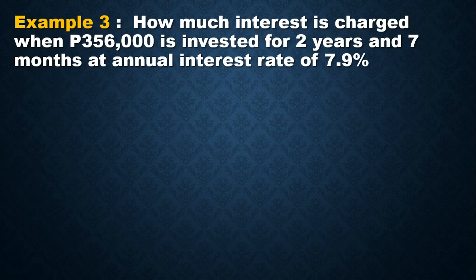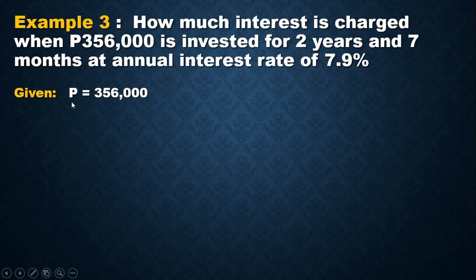Example number 3. How much interest is charged when 356,000 is invested for 2 years and 7 months at annual interest rate of 7.9%? So tayo ay nag-invest ng 356,000 for 2 years and 7 months. At may interest rate na 7.9%.